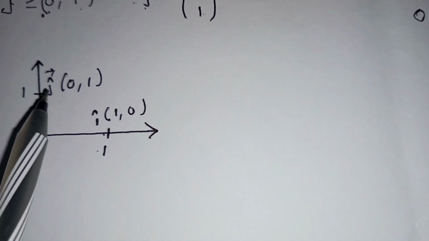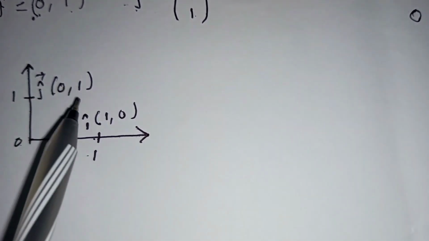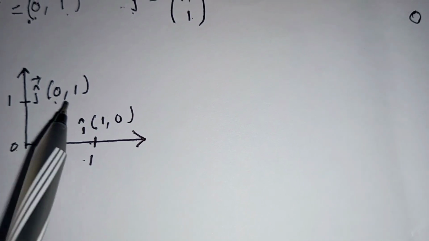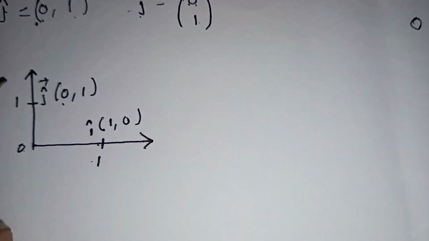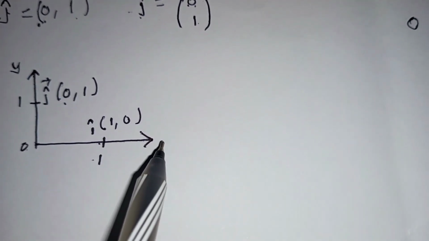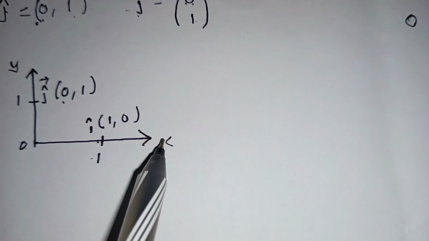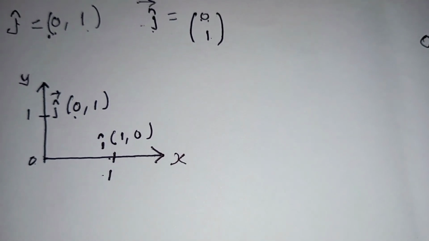For unit vector j, it means we move 1 step along the y-axis and 0 steps along the x-axis. This is how we represent the unit vectors on the Cartesian plane in 2 dimensions.